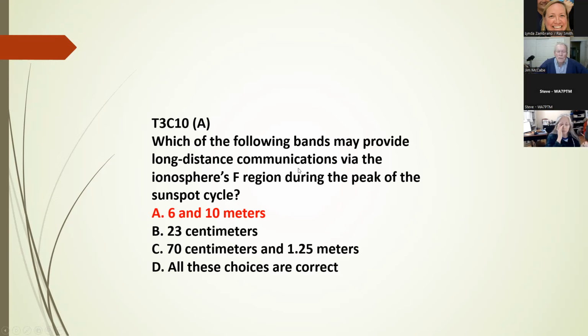And if you remember which frequencies get up into the ionosphere for the F and E layers, then you'll remember that 23 centimeters, 70 centimeters, and 120 are not. 70 centimeters is 440, 125 is 220. You can calculate what 300 over 0.23 meters is, about 900, or whatever. Anyway, I'd have to remember this one.